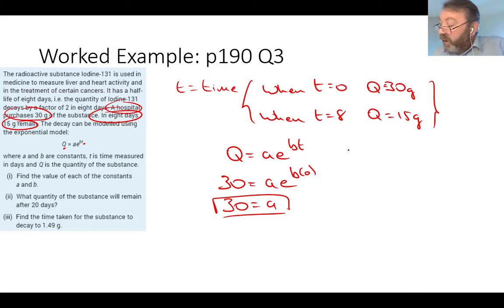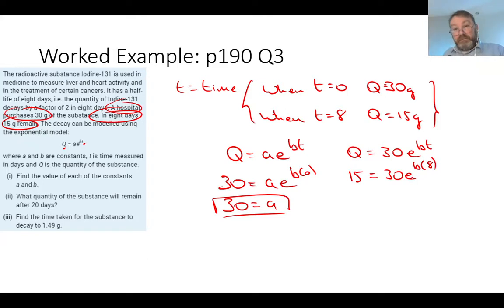Well, first of all, I rewrite the equation now with the newly discovered value of A in its place, e to the bt. So I'm going to use equation 2. When T is equal to 8, so 8 days later, the quantity drops to 15. So Q is 15 when T is 8. Put them in. 15 equals 30 e to the b times 8. Okay, because that's what they told me over here.